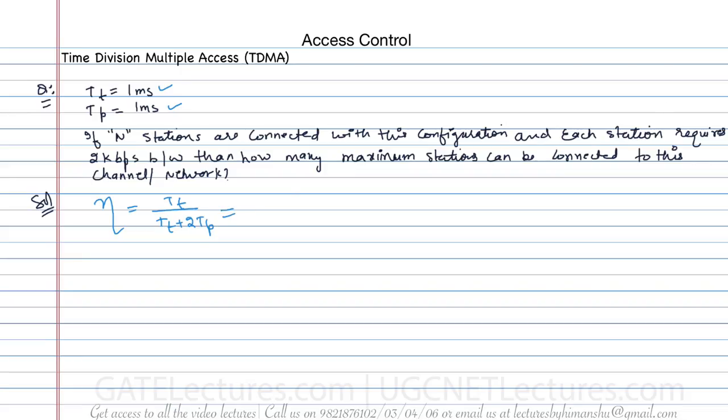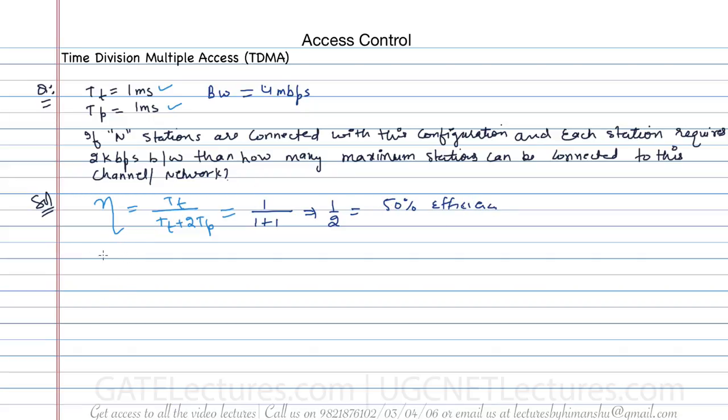Efficiency in this case is 1 upon 1 plus 1, which is equal to 1 upon 2, or you can say it is 50% efficiency. Okay, now there's one more data which is given, that is bandwidth. That bandwidth is 4 mbps. So efficiency is 50%.